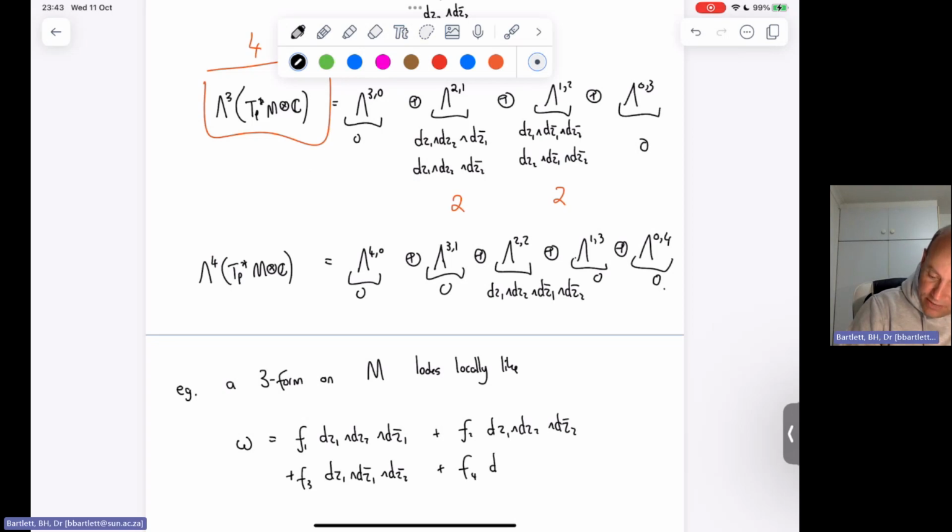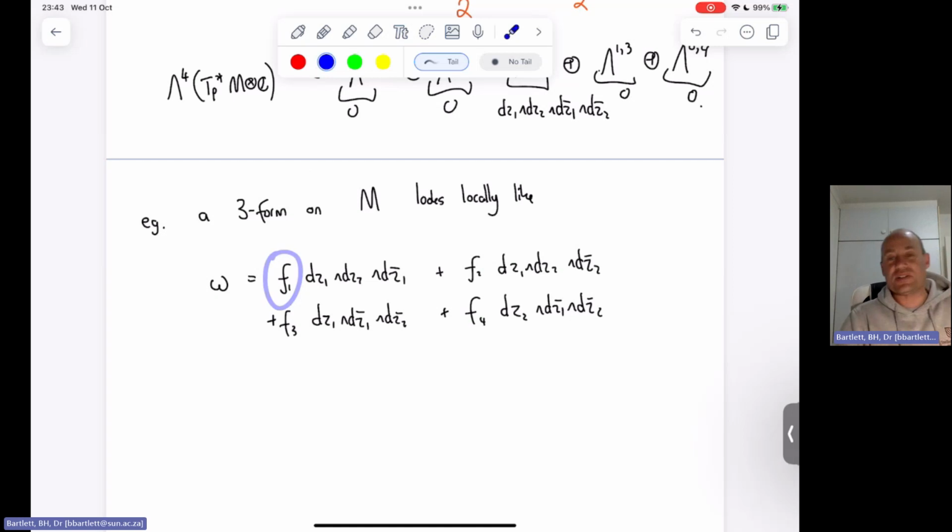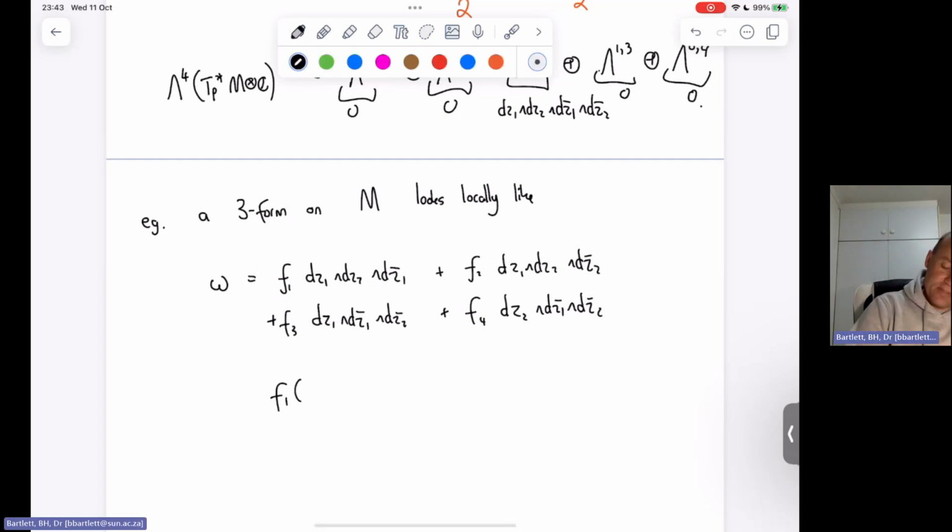Now these functions in front are not necessarily holomorphic at all. They're just arbitrary smooth functions, right? So I can write them as f1, which is a function of the underlying smooth variables x1, x2, y1, and y2. I can also think of it as a function of z1, z2, z1 bar, and z2 bar.